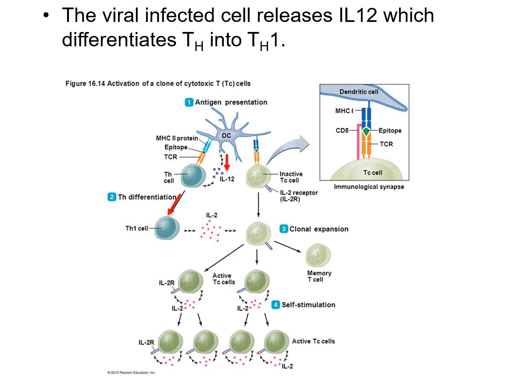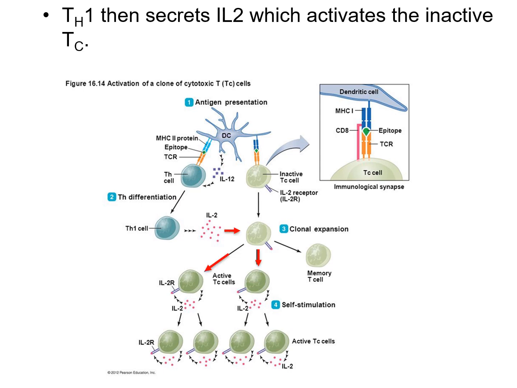The viral infected cell now releases interleukin 12, which stimulates T helper to differentiate into T helper 1. T helper 1 then secretes interleukin 2, which activates the inactive but awakened T cytotoxic cell.